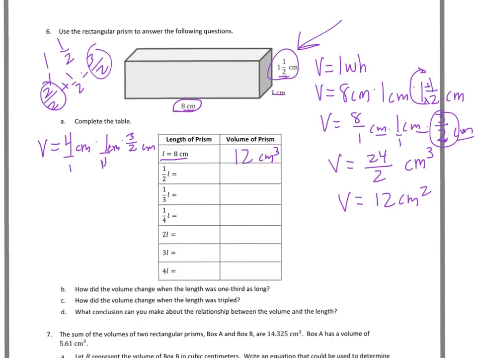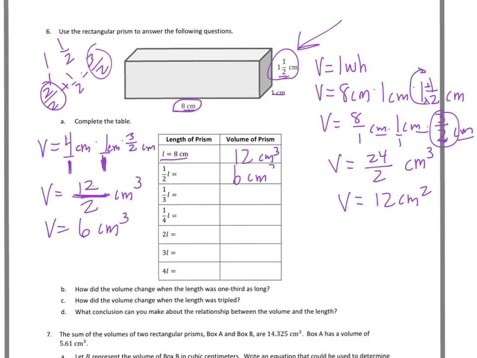So I put my 1 over 1 to make it a fraction, my 4 over 1 to make it a fraction. Now I multiply. 4 times 1 is 4, times 3 is 12. And 1 times 1 times 2 is 2. And I'm at centimeters cubed. And if I do 12 halves, or 12 divided by 2, it's going to be 6.